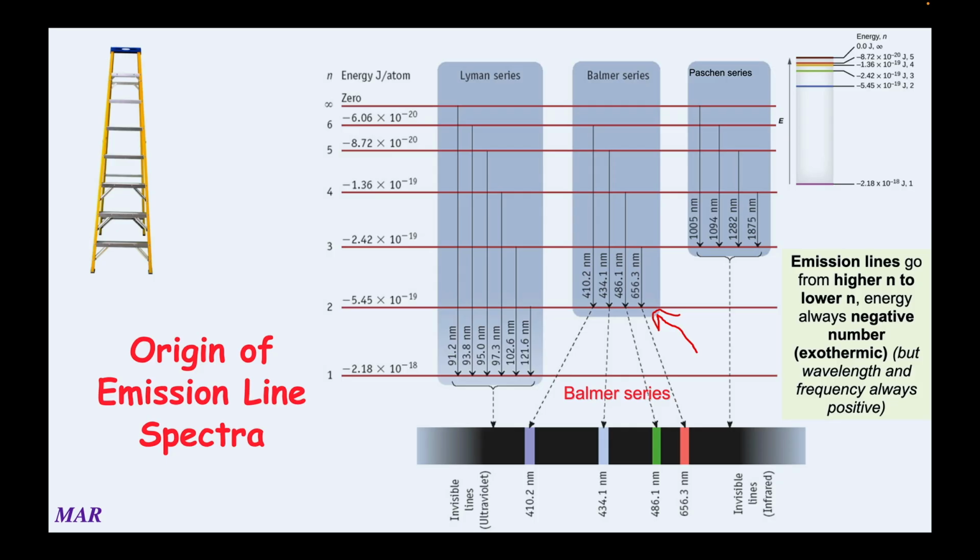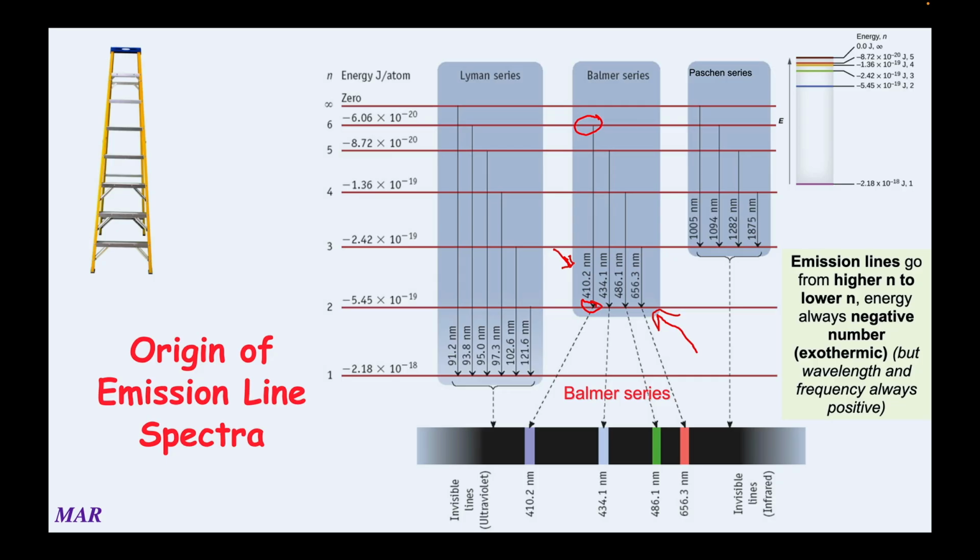Well, Bohr's model knocked it down because he was able to get really great values for the wavelengths associated with these transitions. So when he calculated, for example, the n equals 6 to n equals 2 transition right there, it came out to be almost exactly 410.2 nanometers, which is really cool.